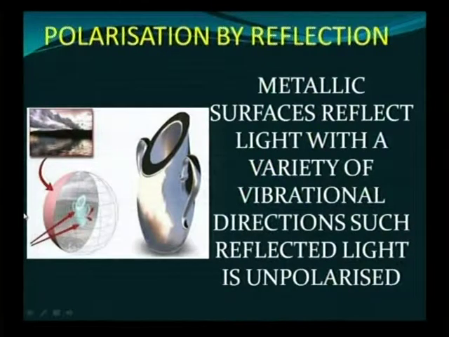See, reflection. These are the non-metallic substances, whereas when a light ray is incident on a non-metallic substance, it gets reflected. The light ray reflected from non-metallic substances is unpolarized because any metal does not decrease the intensity.